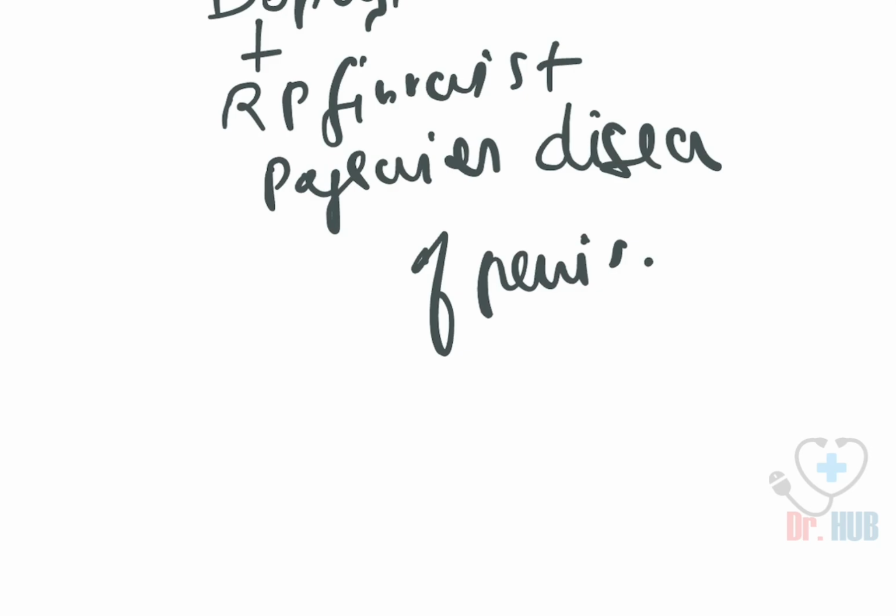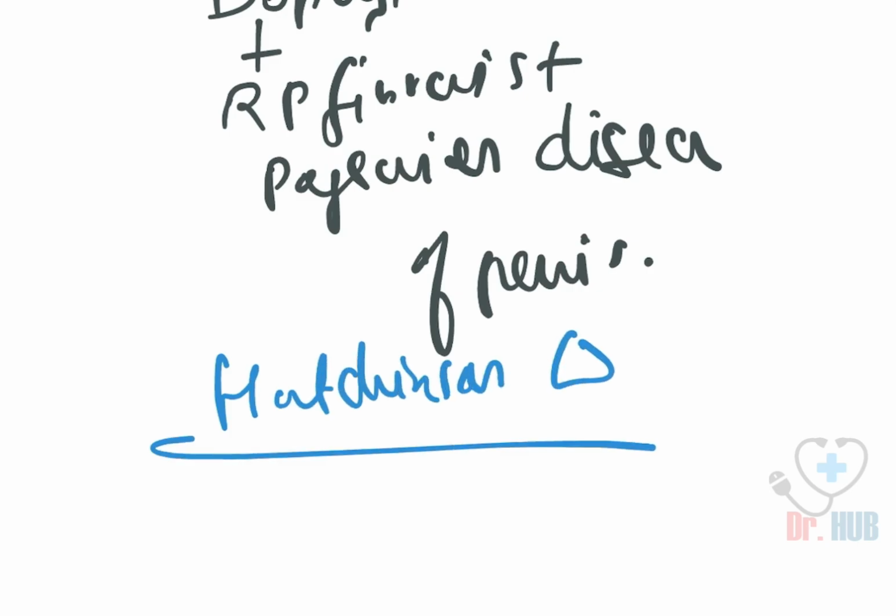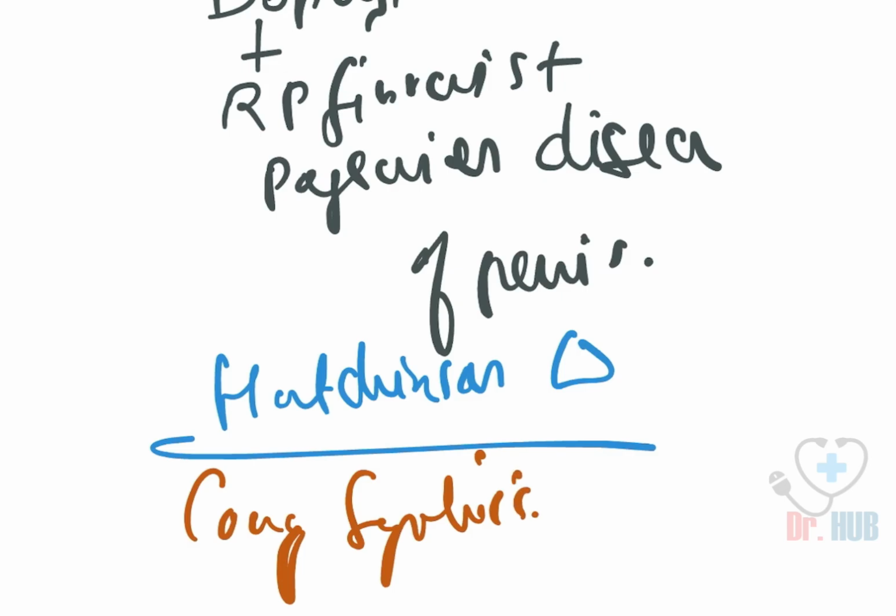Next, we move on to the Hutchinson Triad. So Hutchinson Triad is seen in congenital syphilis. So what are the components?